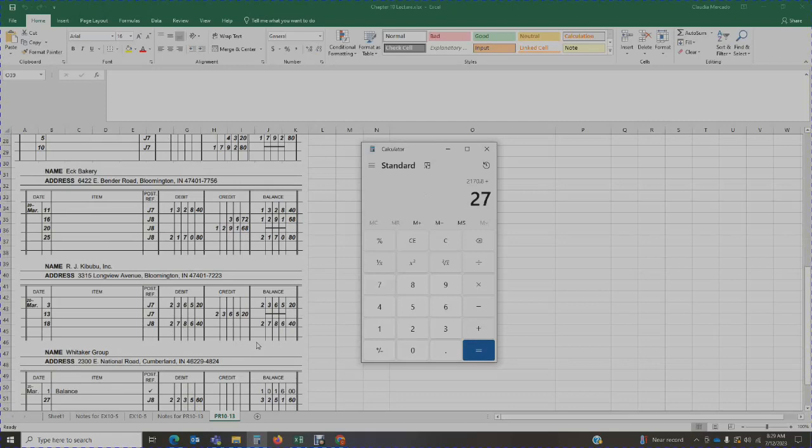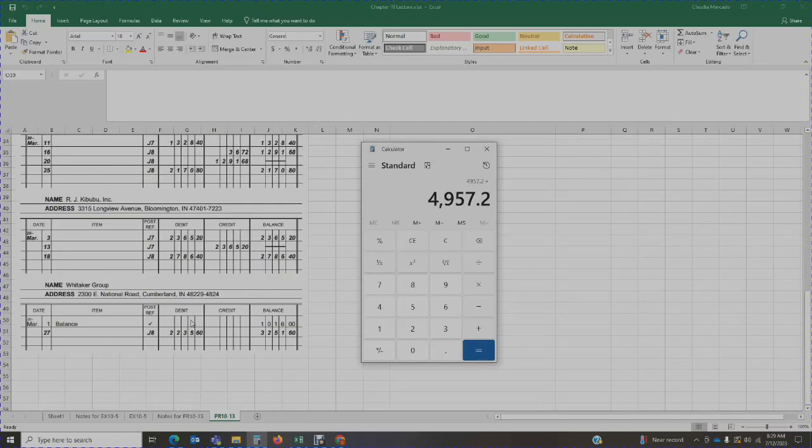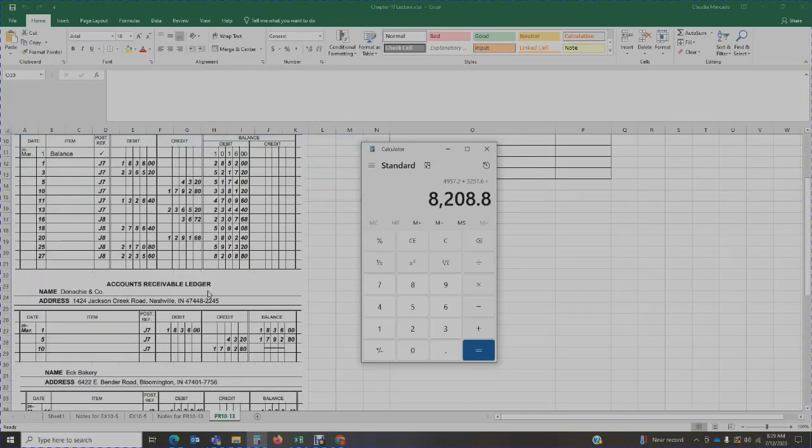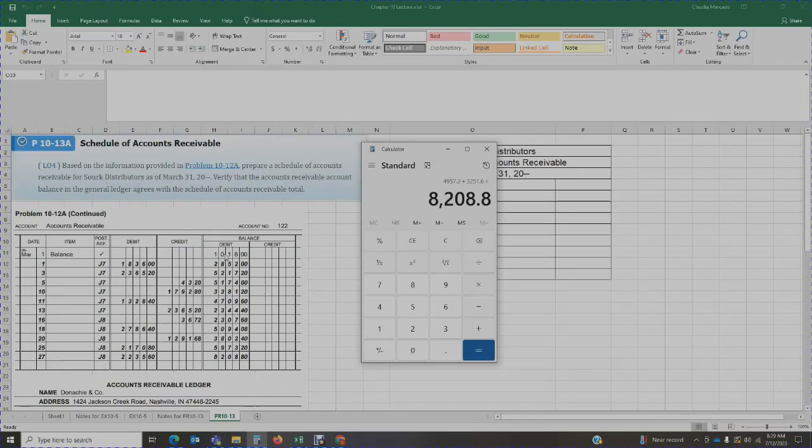Kibubu, 2786.40. I don't know where they come up with these names. And we've got Whittaker Group, 3251.60. That gives me 8208.80. And if I scroll up, that gives me my total on my accounts receivable ledger, 8208.80. So the total of your accounts receivable ledgers needs to equal your accounts receivable general ledger.